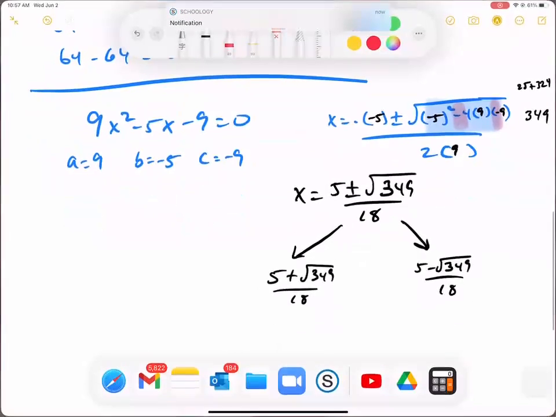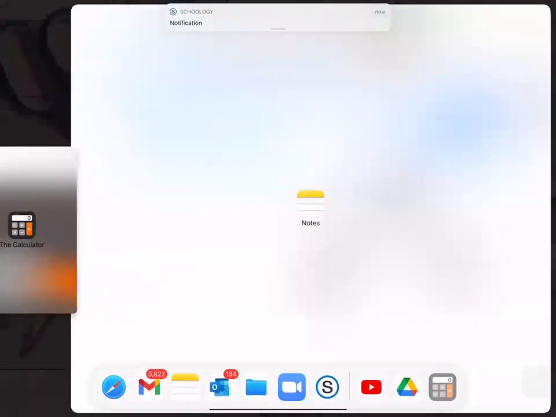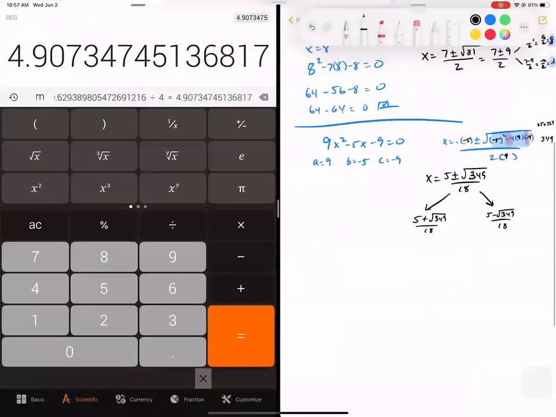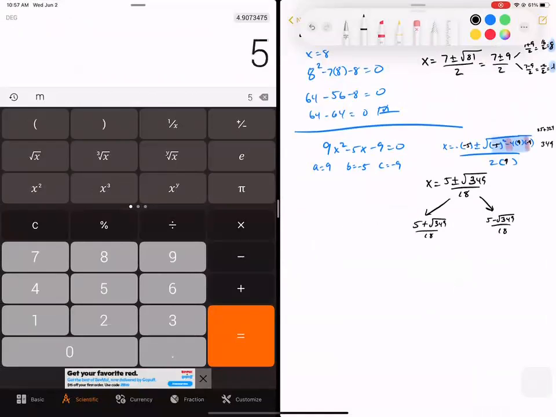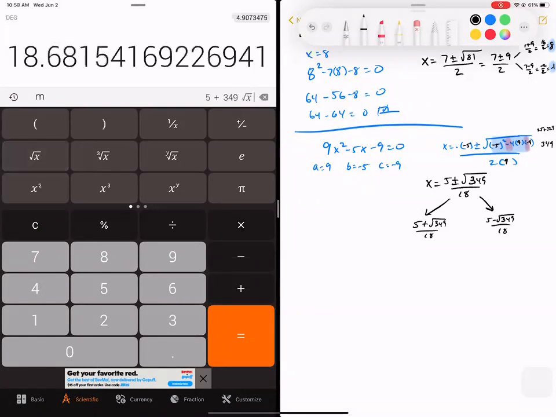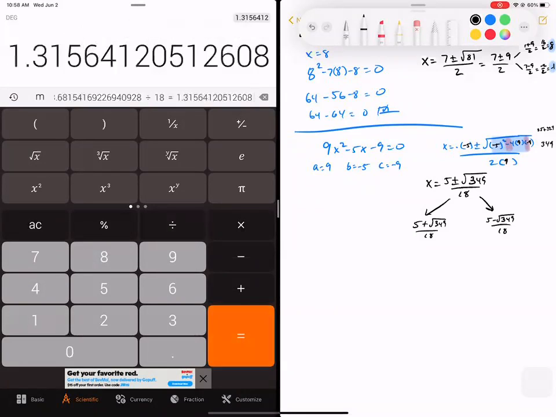Okay, so let me demonstrate on the calculator how we're going to do this on my cheap calculator here. I'm going to say 5 plus the square root of 349. See my little square root symbol here? Equals, and then we're going to take that number and divide it by 18. My first answer is x equals 1.32, rounding up.